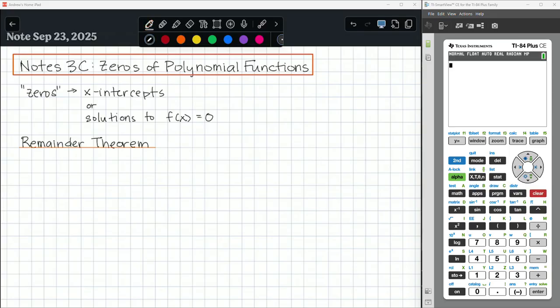So the remainder theorem says if f of x is divided by the binomial x minus k, the remainder is f of k.